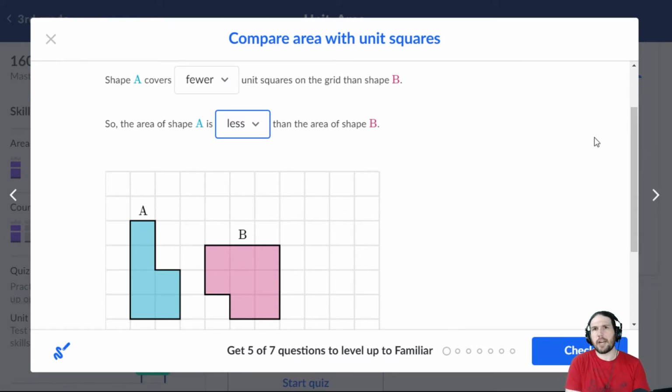Again, just a check for understanding. When we say less area, in this case, right now, we're talking about unit squares. I've been reading a lot of Terry Pratchett Discworld lately. This is a very big part of Terry Pratchett's theory of lies to children. Area isn't actually counting unit squares. That's not what it's actually about. We're just breaking it down into its absolute simplest form so that we can layer on complex ideas.